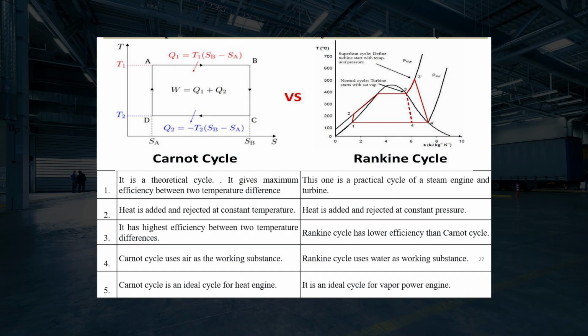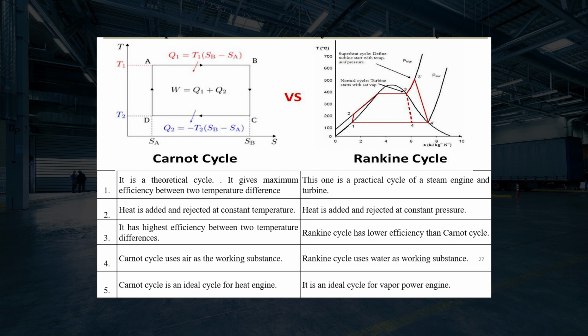Here in this case, we can see the comparison between Carnot cycle and Rankine cycle. Of course, Carnot cycle is called an ideal cycle and Rankine cycle is called a practical cycle. In this slide, we can see the TS diagram of Carnot cycle and Rankine cycle in a single slide.